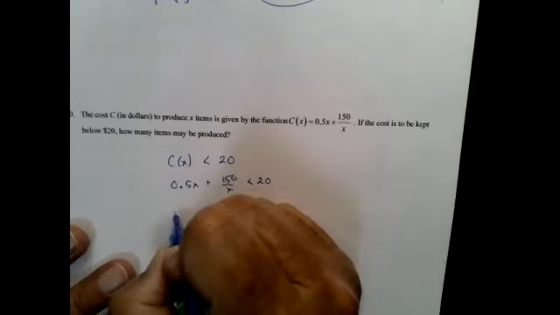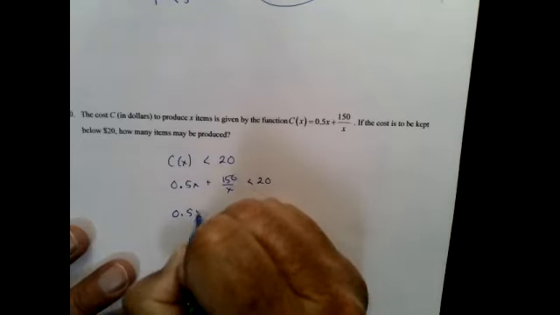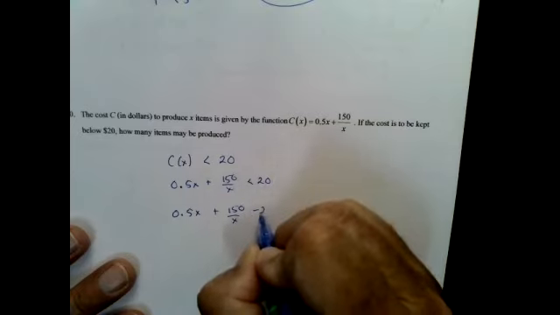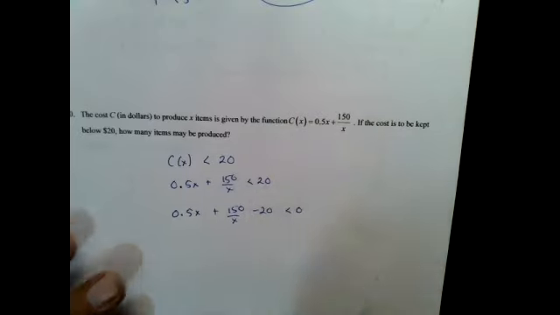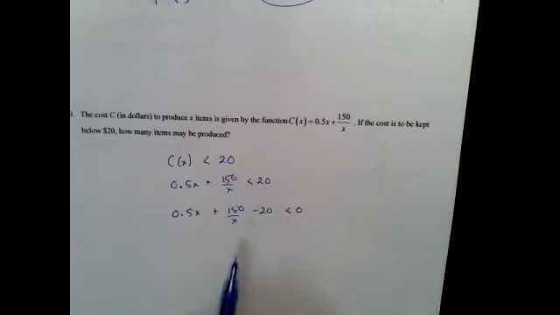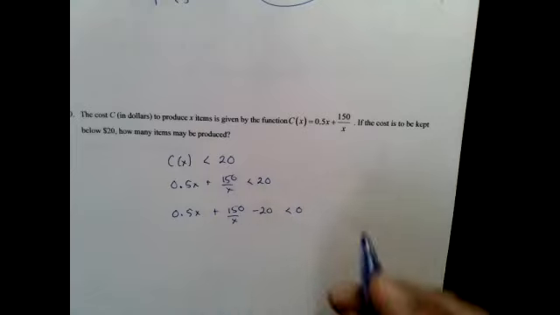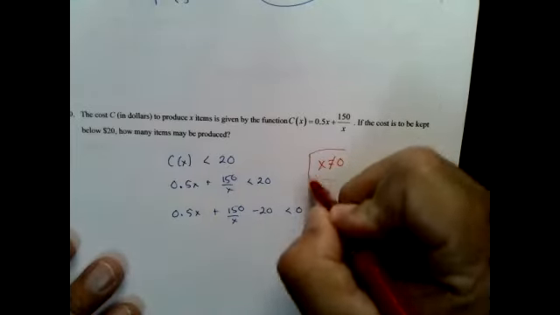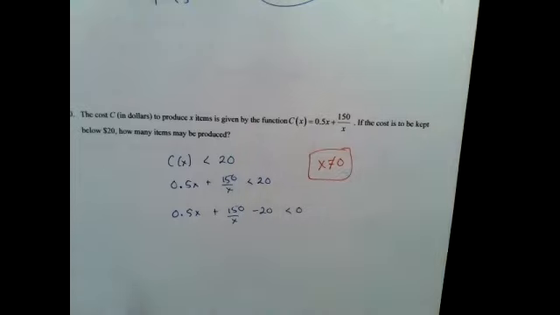Yeah, I'm going to subtract 20: 0.5x plus 150 over x minus 20 is less than 0. Good start. Could you try to get a common denominator then? Yep, you can get a common denominator. One of the things I already have an alert on is I need to remember x cannot equal 0, just because of the original equation.